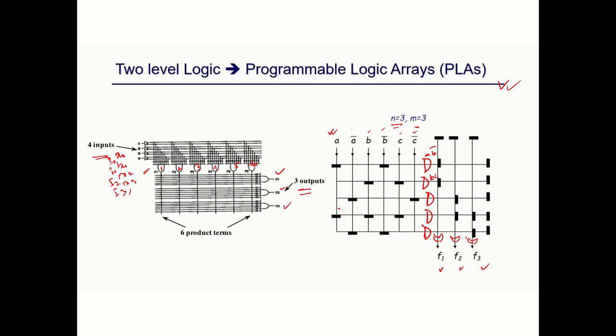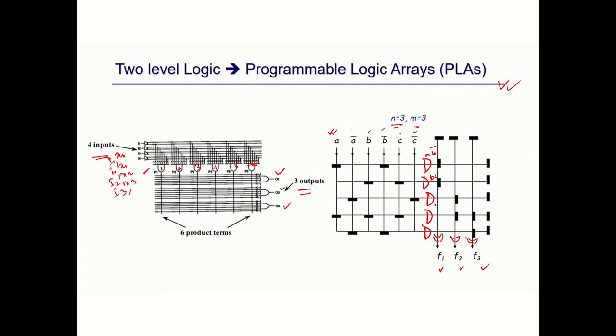These are the planes that are predefined, but it is possible that all these fields can be programmable. Based on our requirement we generate different AND gates, and the OR gates are defined.